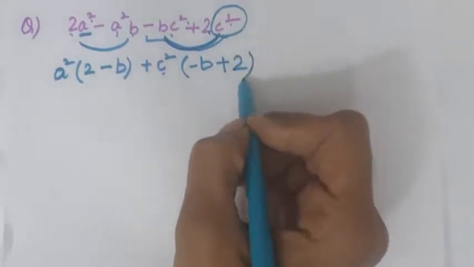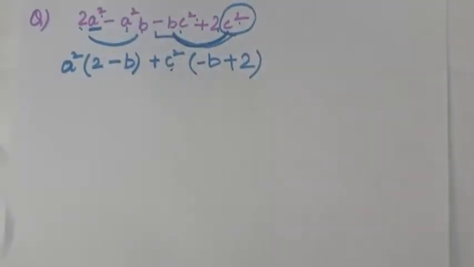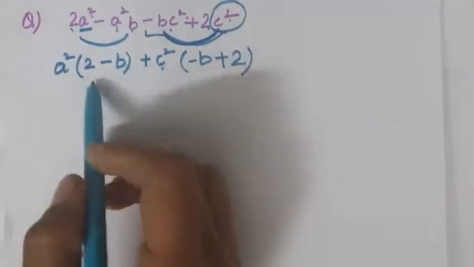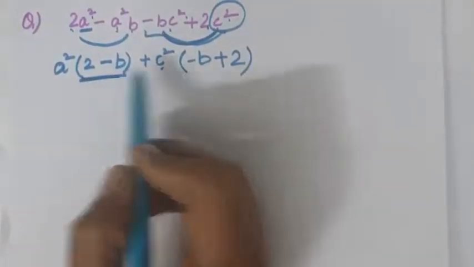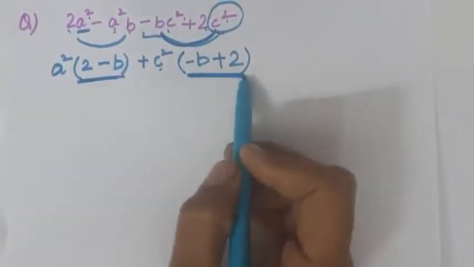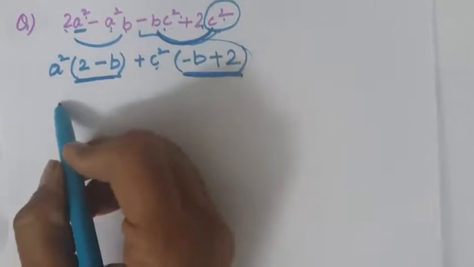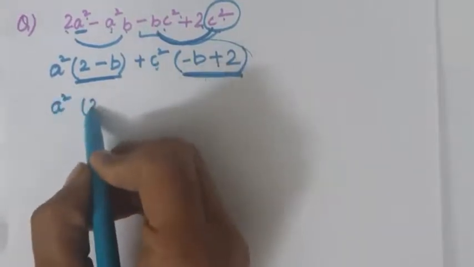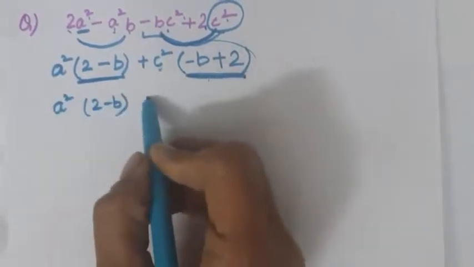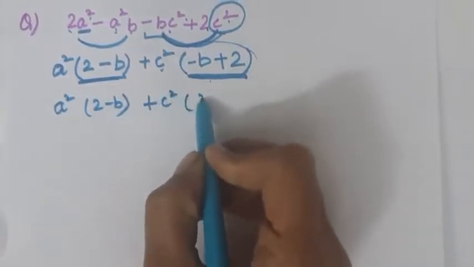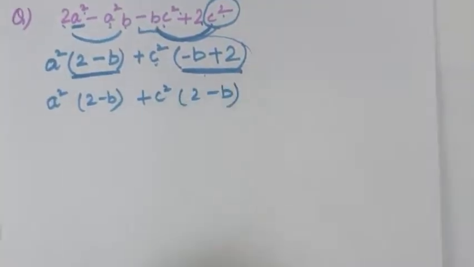Yes, this is 2. Now again see this carefully, these two terms, are they same? Yes, they are same because this can also be written as 2 minus b.